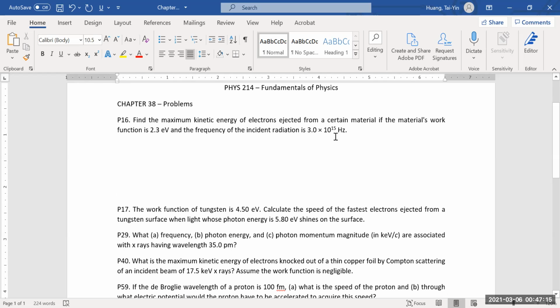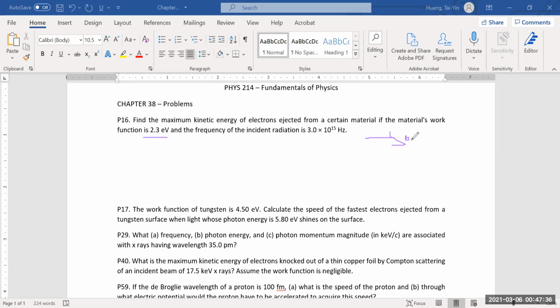So just based on this, we would know the energy of a photon. The situation is like this. You have the incoming photon incident on this material, and the material has a work function that's 2.3 eV.